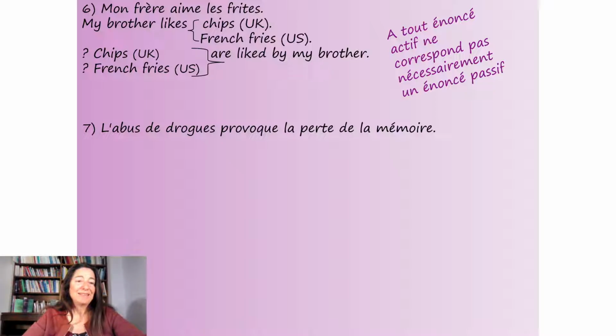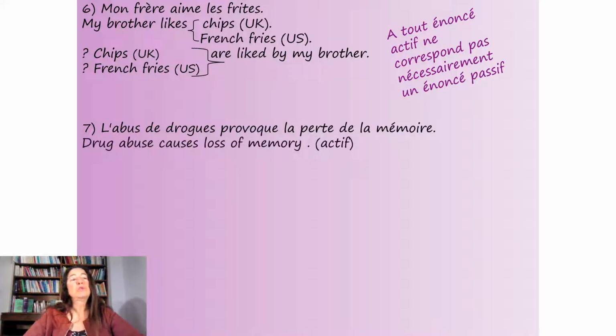In the next example, let's translate it into English. L'abus de drogue provoque la perte de la mémoire. So that would be drug abuse causes loss of memory. That's again an active voice sentence. What's the passive voice corresponding to that active voice sentence?